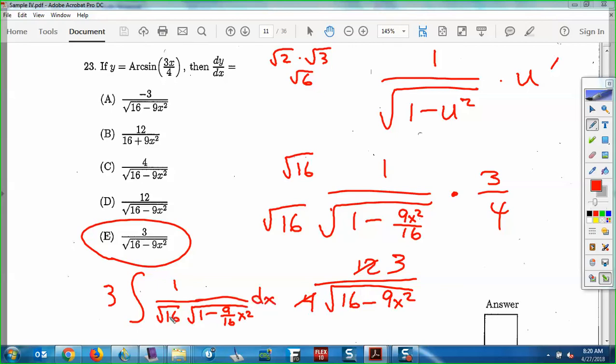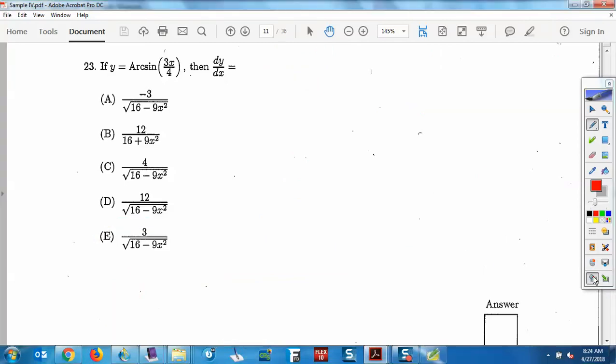And now this square root of 16 is a 4, so I can bring that out as a 3/4. And now I can write that as 3/4 x all squared, and say, okay, that's an arc sine with 3/4 x on the inside. So that's how you would do one of those if you were doing the integral and wanted to get a 1 there, so you could match it with the arc sine. Okay. All right. What else?